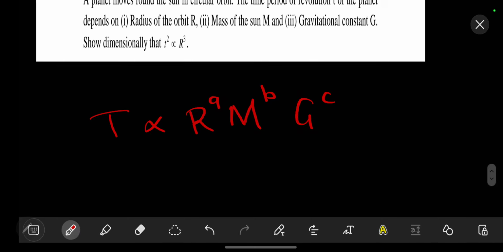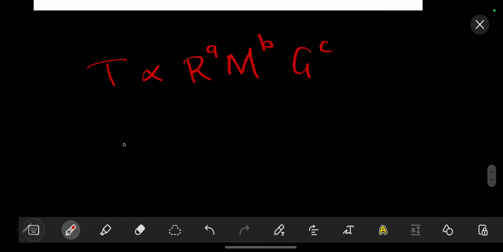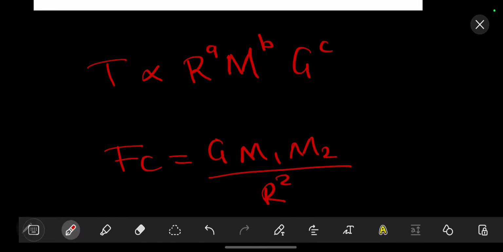So out of all these terms, the only thing that will be difficult for us to find is the dimensions of g. According to Newton's gravitational law, the gravitational force is equal to the gravitational constant times mass number 1 and mass number 2 over the radius squared.